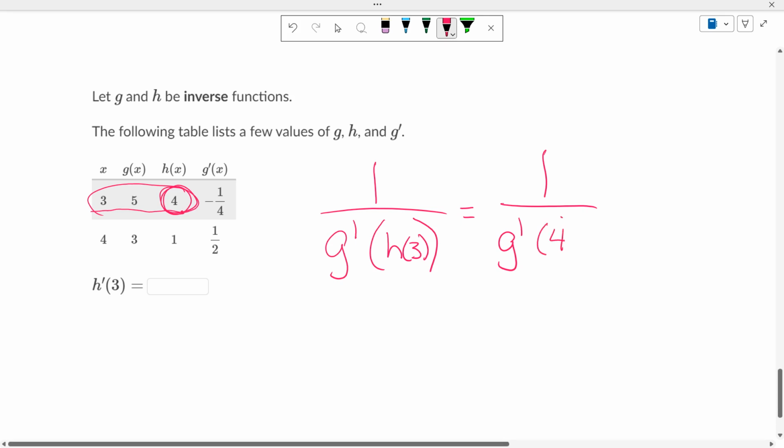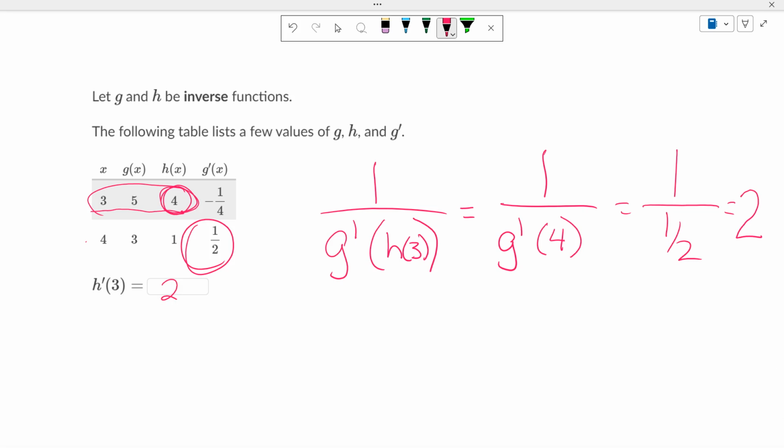So we're finding 1 over g prime of 4. g prime of 4 is 1/2. So it's 1 over 1/2, which is 2. So it's just following the formula and working your way through that.